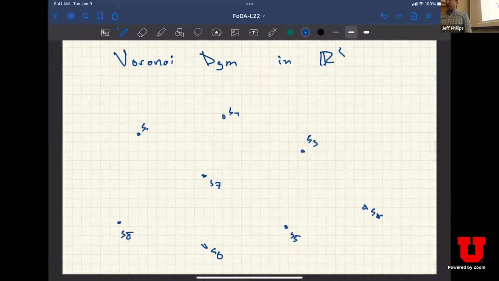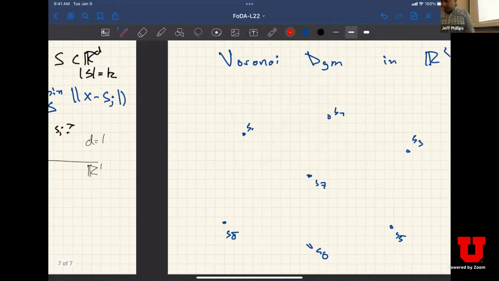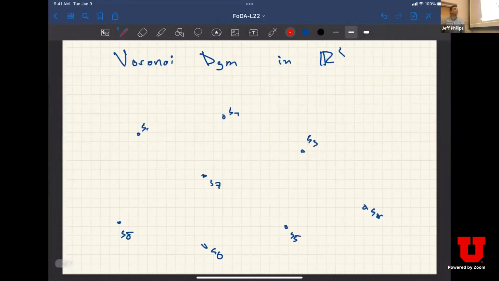I want to draw this Voronoi diagram. Now I need to draw the bisectors between the consecutive points, but consecutive is a little bit trickier to define here. But the bisector, say, between S1 and S7 still looks like this. It's the line which is the midpoint in between these, right? And I can do this for all of these.